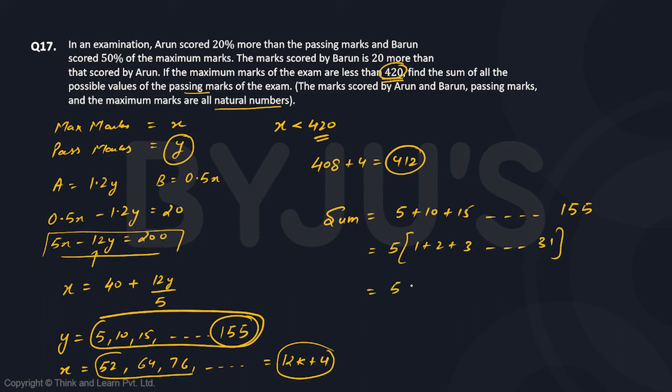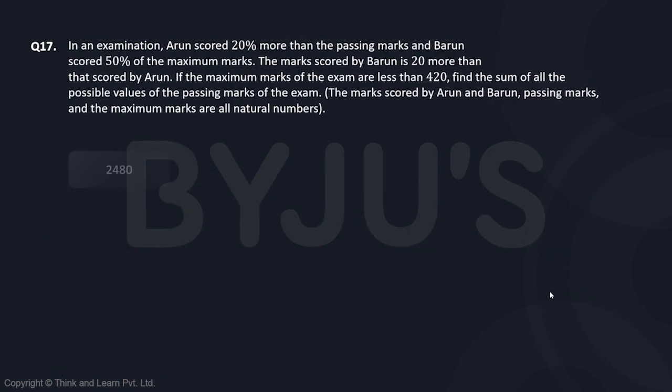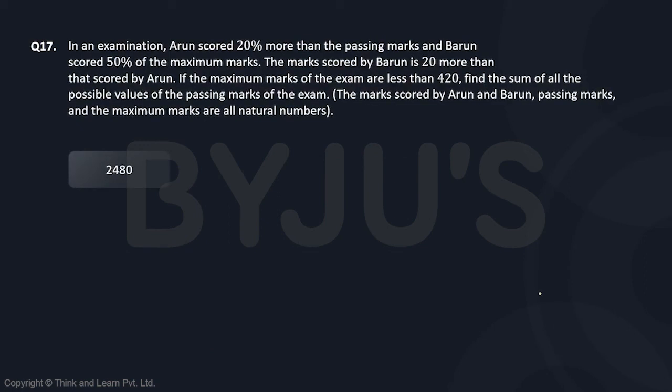So 5 multiplied by the sum of the first 31 natural numbers, which will be n into n plus 1 divided by 2. So 31 into 32 divided by 2. Now simplify this and you will get your answer as 2480, and that will be the sum of all possible values of the passing marks. Yes, this is the final answer, 2480.